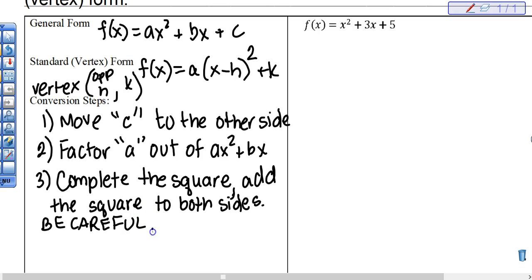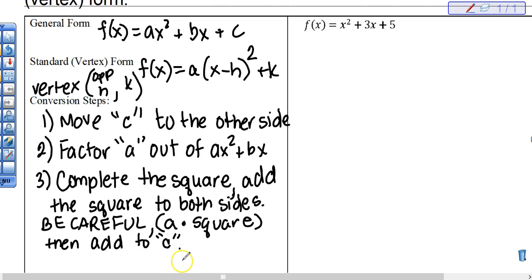Be careful. You need to remember to multiply A times the square before you add it to your C term that was moved to the other side.